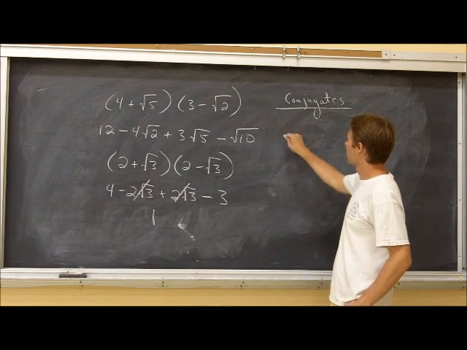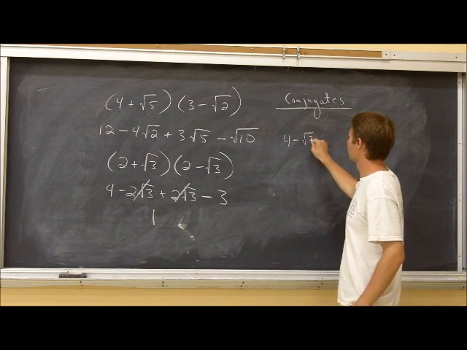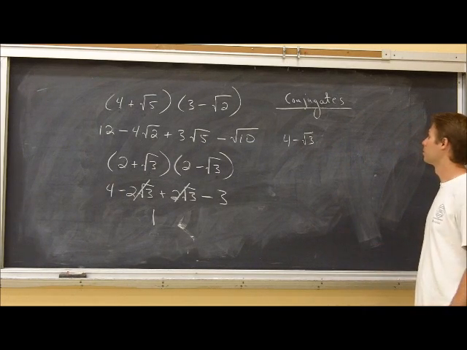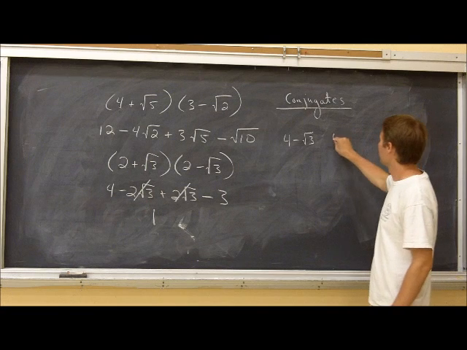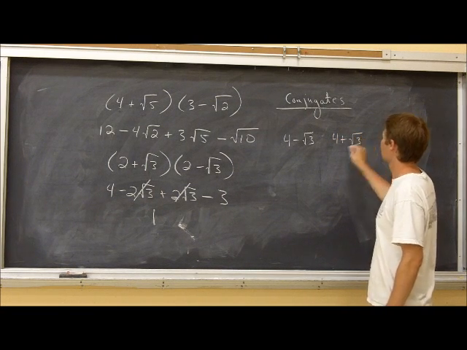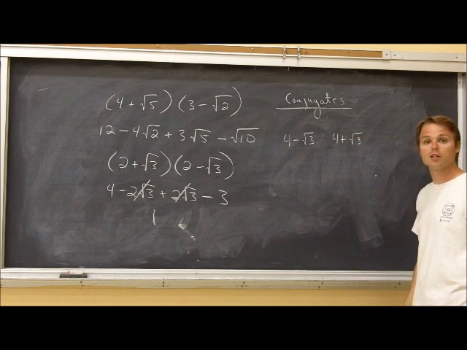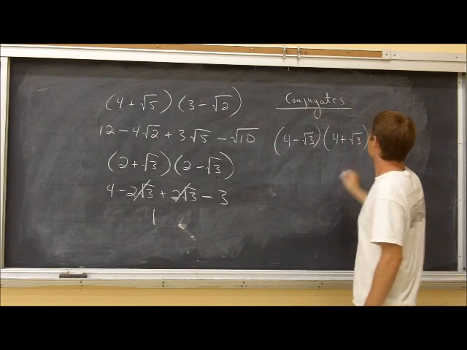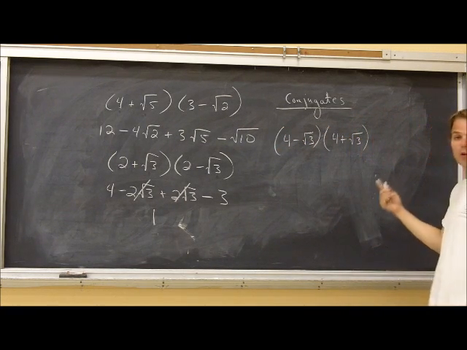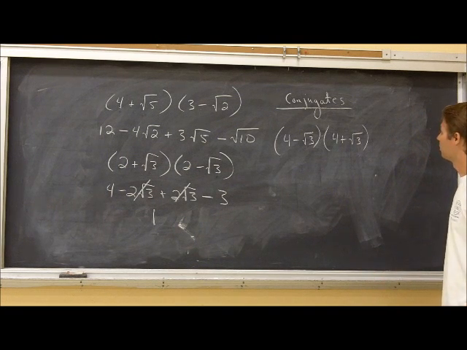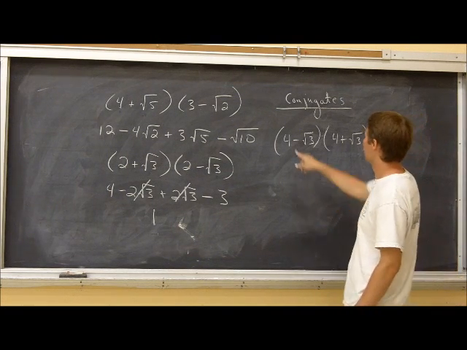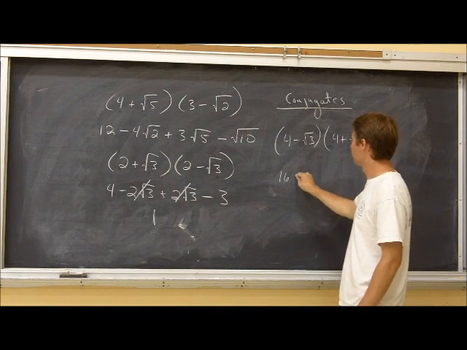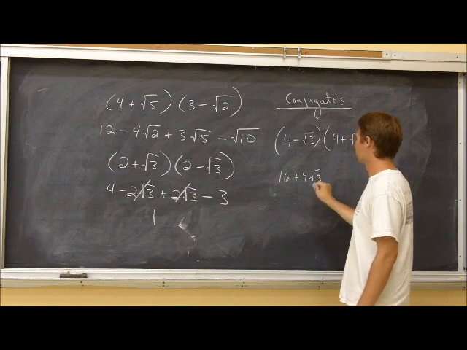So for example, if I gave you something like this, 4 minus the square root of 3, and I said, what is the conjugate of 4 minus the square root of 3? Then the only thing you have to do is say, oh, 4 plus the square root of 3. That would be the conjugate of this particular expression. And you'll see that the same thing will happen here if I multiply these two expressions together. I'll take 4 times 4, which is 16. 4 times square root of 3 is 4 times the square root of 3.